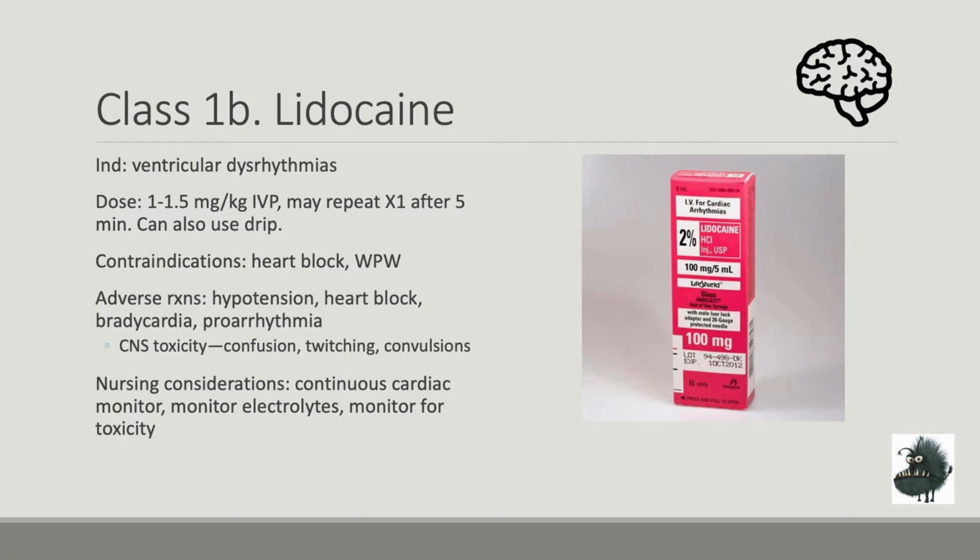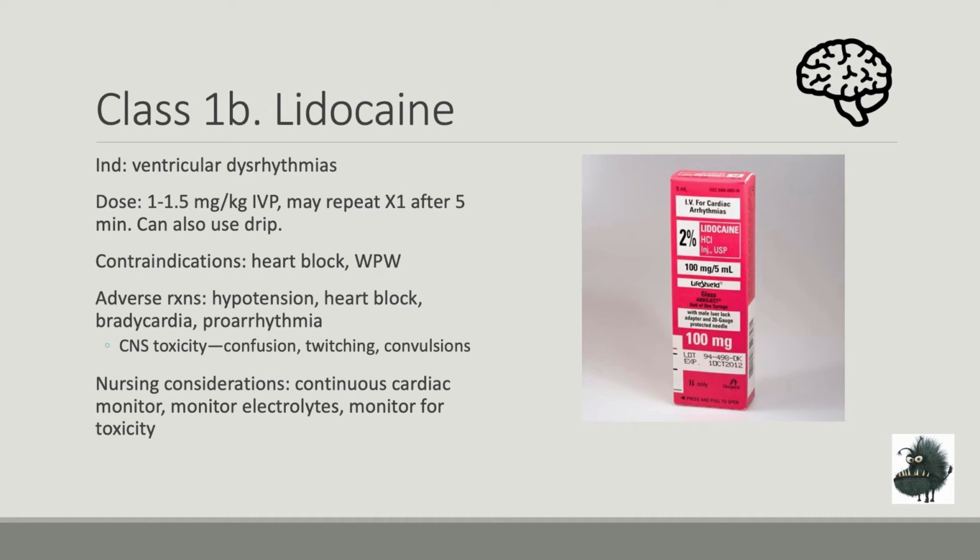So we want to avoid the drug in either one of those situations. The most common thing that we see acutely with lidocaine is that it can cause hypotension. Sometimes it can cause heart block and bradycardia, and sometimes it can cause proarrhythmia, which means produce arrhythmias.